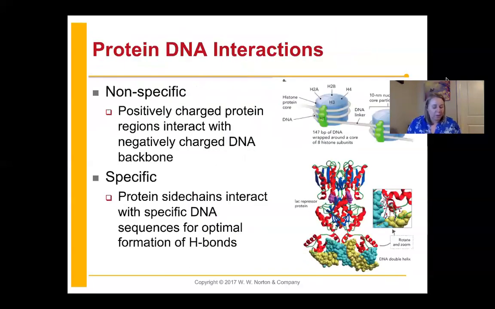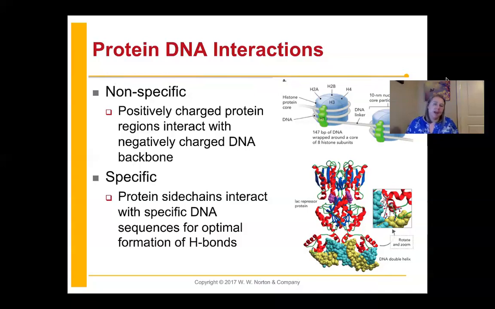All right, so how much does the DNA interact with proteins? And the answer to that is sometimes it's very specific and sometimes it's not very specific at all. And we talked about non-specific already.